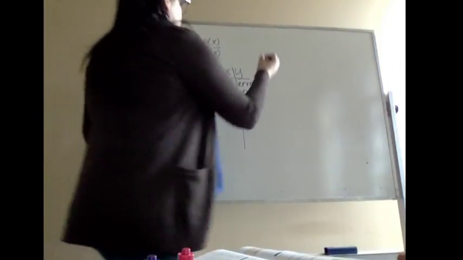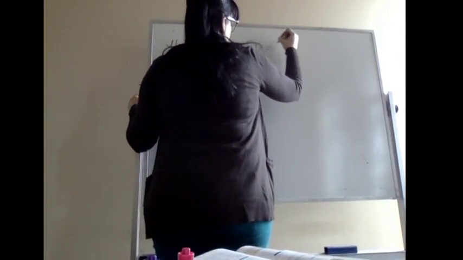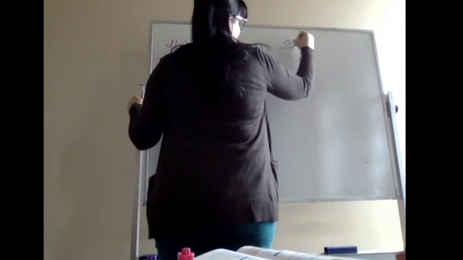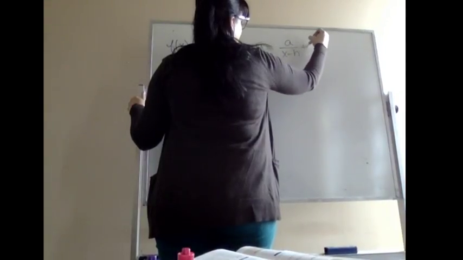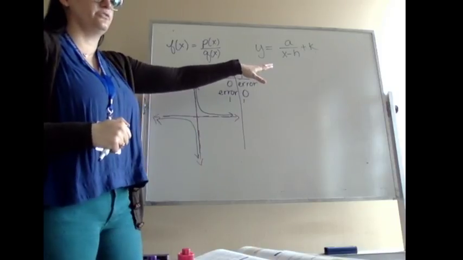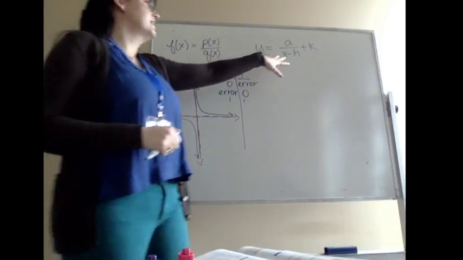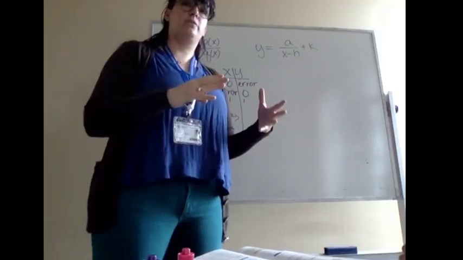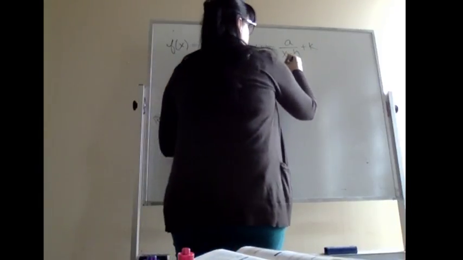So, just like all of our functions with the a, h, and k, that is how we talk about transformations for rational functions. So, a still makes it stretch or compress.